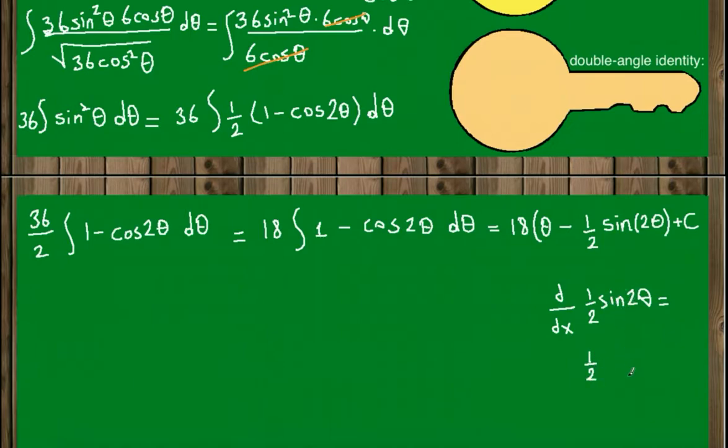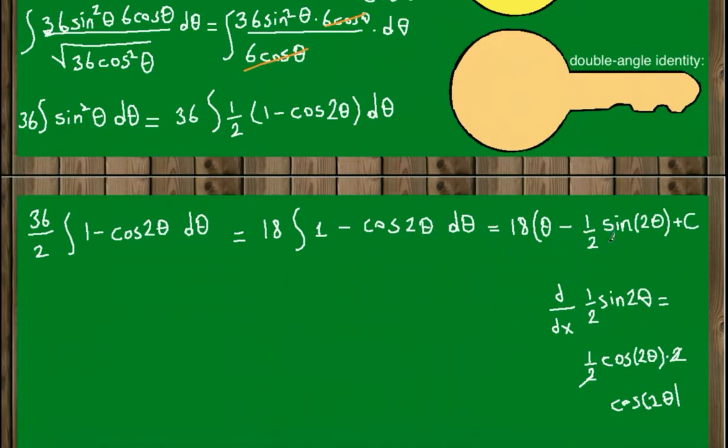The derivative of sine is cosine of 2 theta, and the inside function, chain rule, times 2. The 2 cancels out the 2, so we end up with cosine 2 theta. So the derivative of 1/2 sine 2 theta gives us cosine 2 theta back. So the antiderivative of cosine of 2 theta is correct.